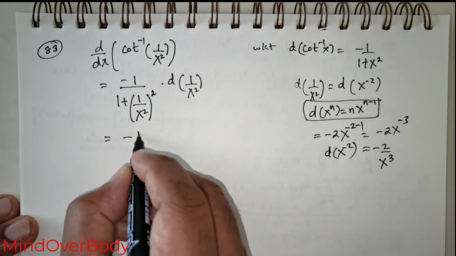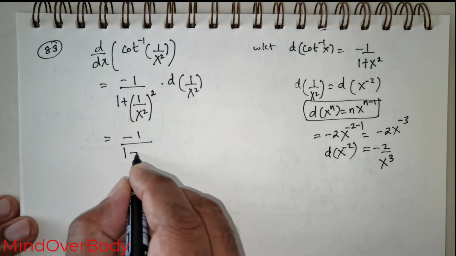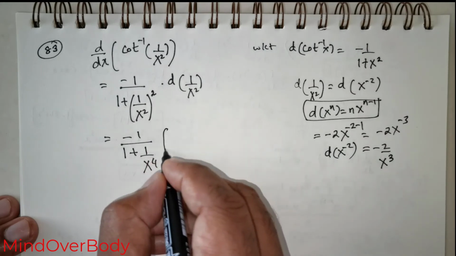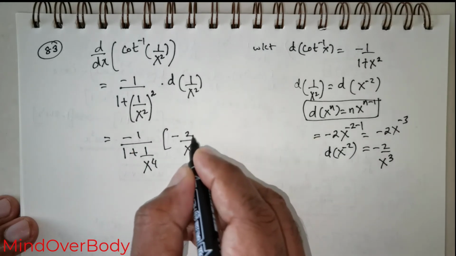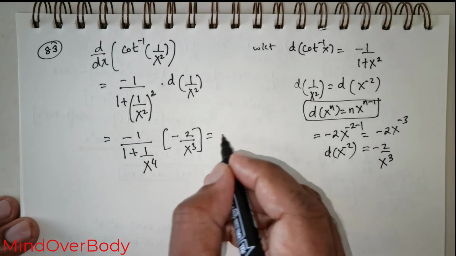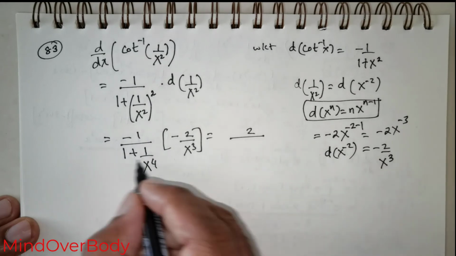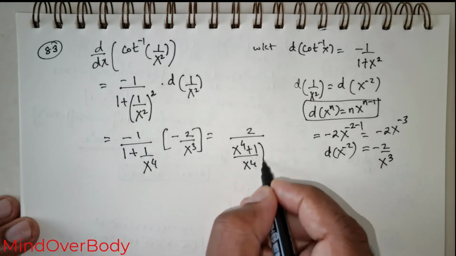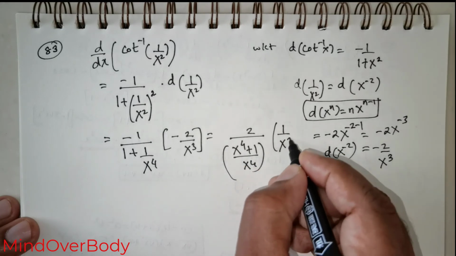Now first I will simplify this. It is negative 1 over 1 plus 1 over x to the power of 4. Now I place this derivative, negative 2 over x cubed, so negative times negative gives positive 2 divided by the LCM, x to the power of 4 plus 1 divided by x to the power of 4, followed by 1 over x cubed.